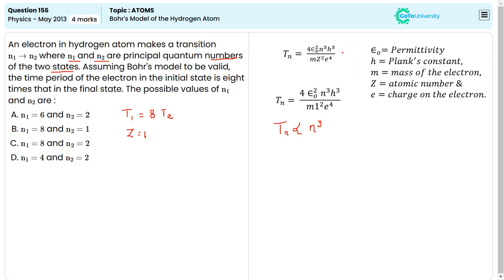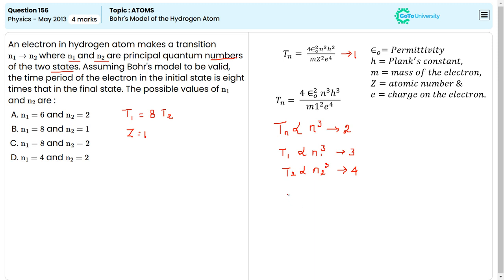I'm considering this as equation 1 and this as equation 2. By equation 2, T1 is directly proportional to n1 cubed and T2 is directly proportional to n2 cubed. I'll take these as equations 3 and 4.